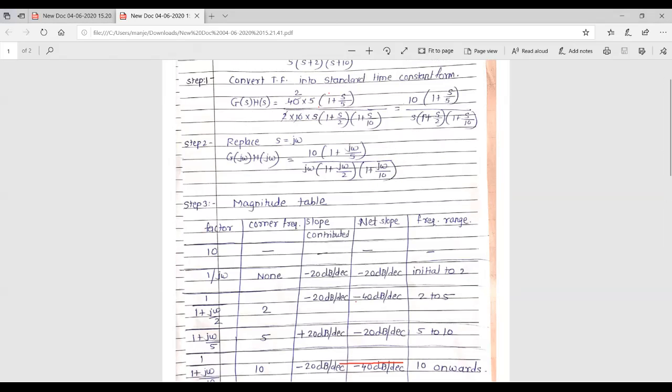In magnitude, we separated out all the factors and found its slope contribution in order to sketch the magnitude plot. Similarly, for the phase plot, you need to separately consider each factor and see its phase contribution. How much the 10 is contributing in phase, how much 1 plus j omega by 5 is contributing, how much 1 upon j omega is contributing, and so on, right?